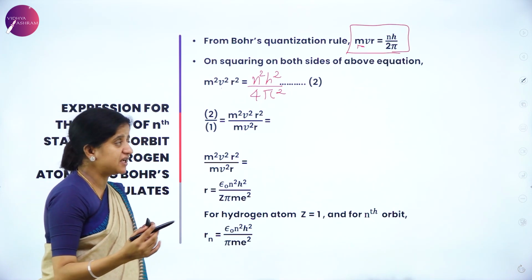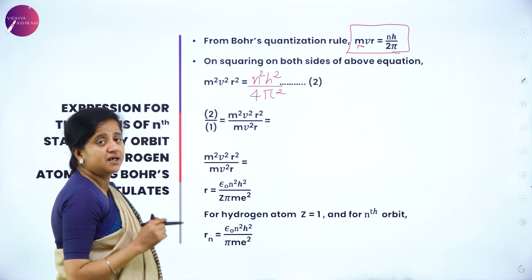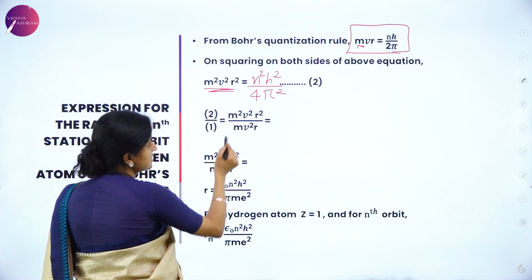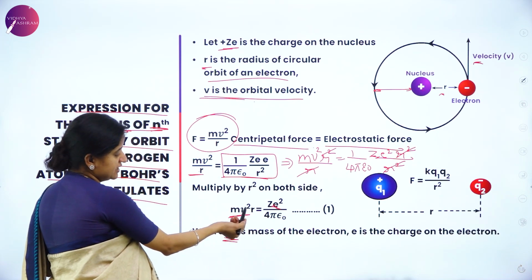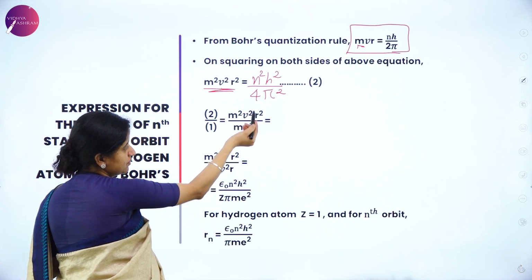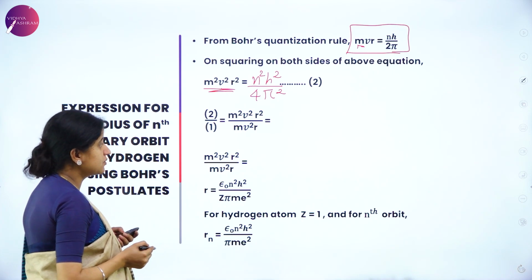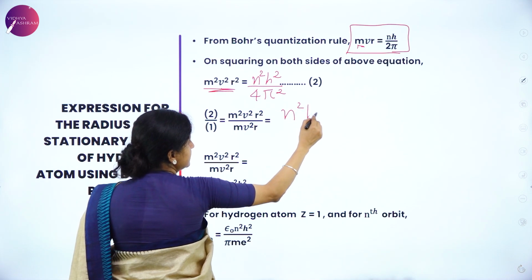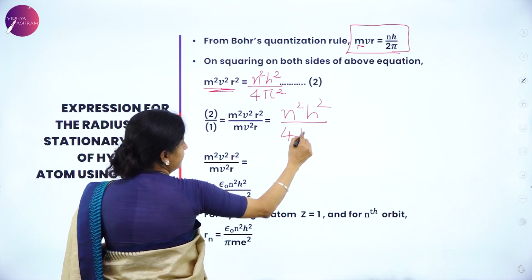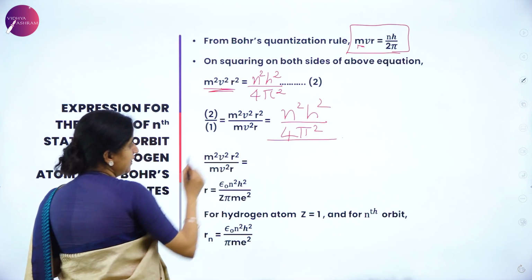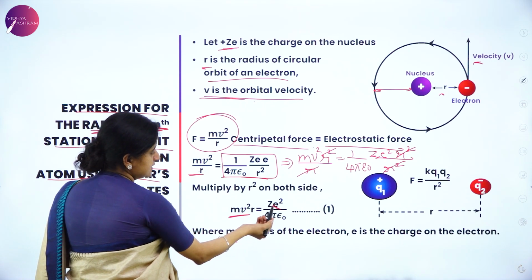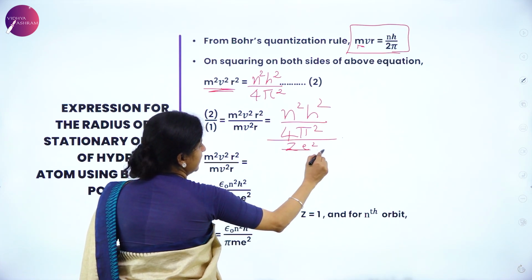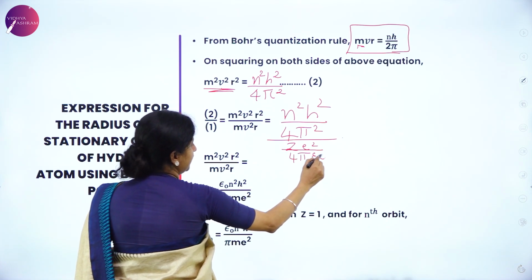Now for further simplification, let us divide equation 2 by equation 1. My equation 2 has LHS m square v square r square, and equation 1 is mv square r. So m square v square r square divided by mv square r is equal to n square h square divided by 4 pi square, whole divided by Ze square divided by 4 pi epsilon naught.